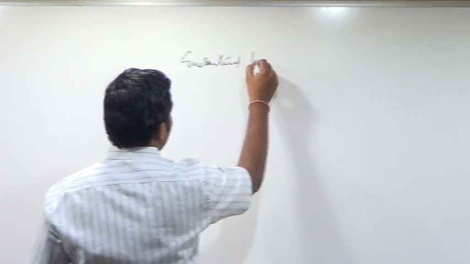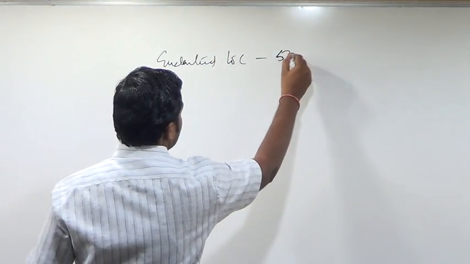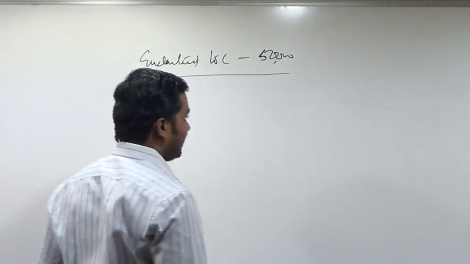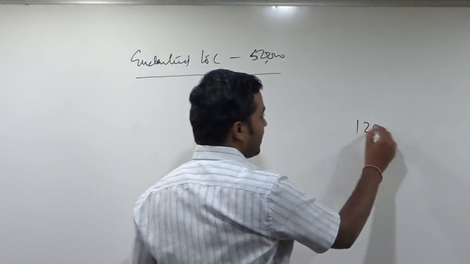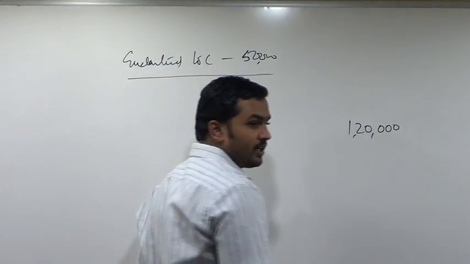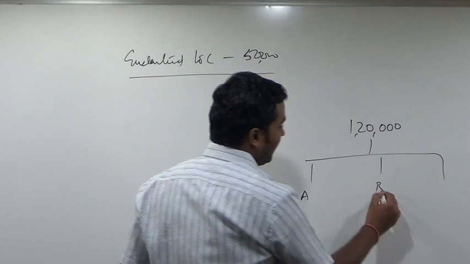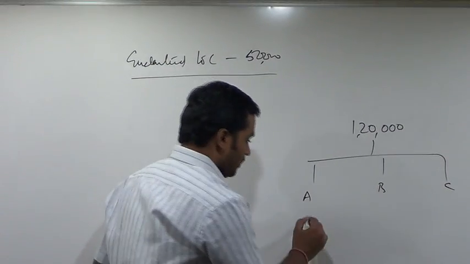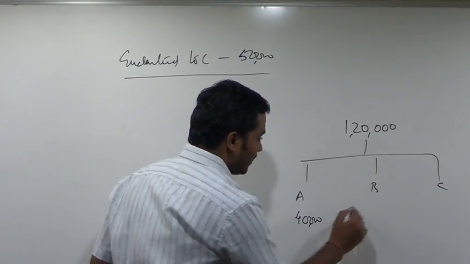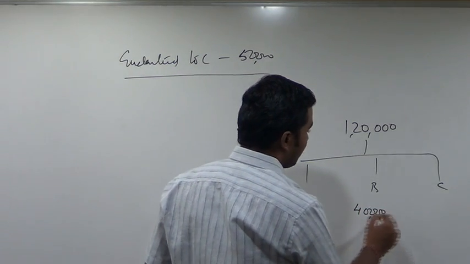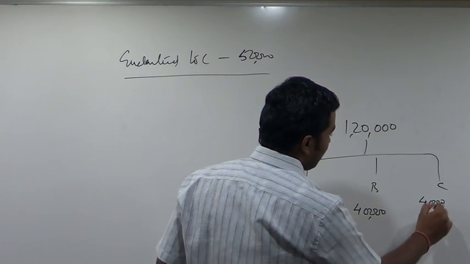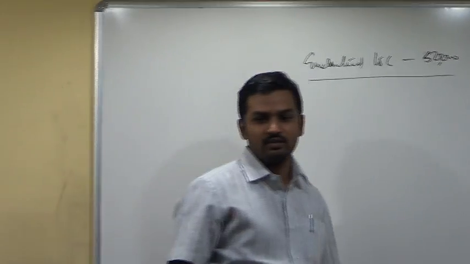How much was guaranteed to C? 50,000. At the end of the year, total profits came to only 1,20,000. The partners share profits equally, so A's share will be 40,000, B's share 40,000 and C's share 40,000 only.